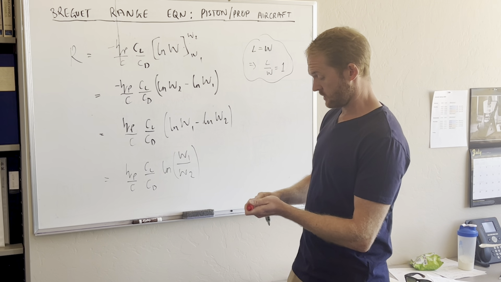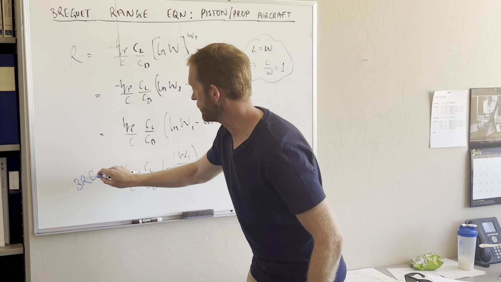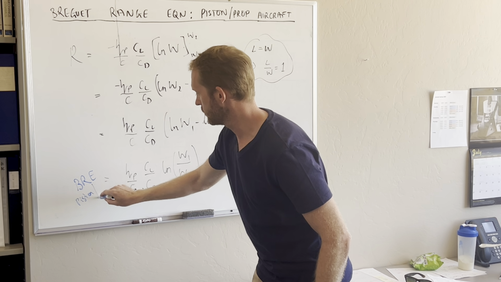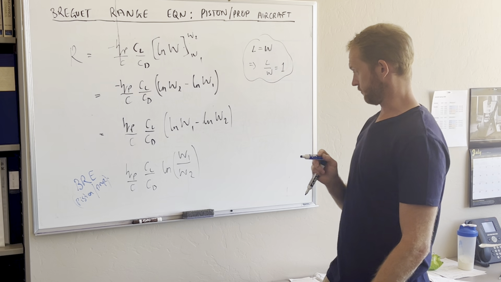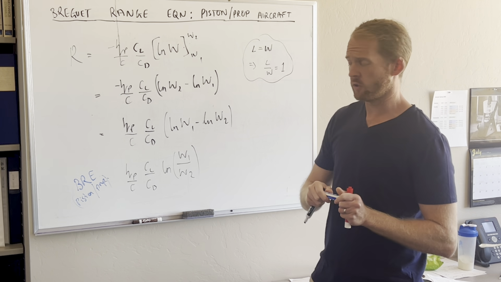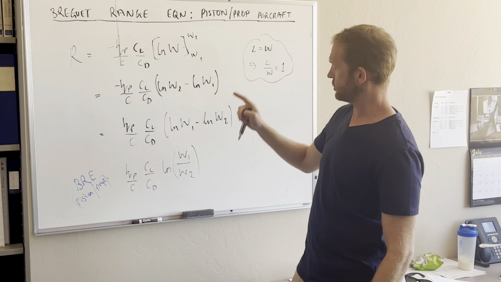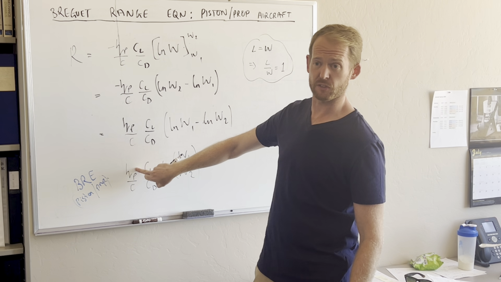So yeah, this is the Breguet range equation specifically for a piston propeller driven airplane. So let's just have a quick look at this equation. If we want to maximize range, we need to maximize our propeller efficiency factor.